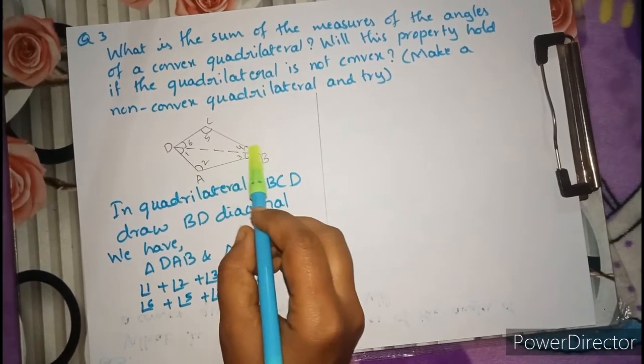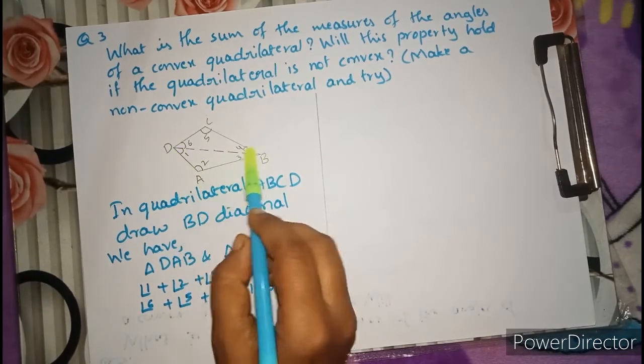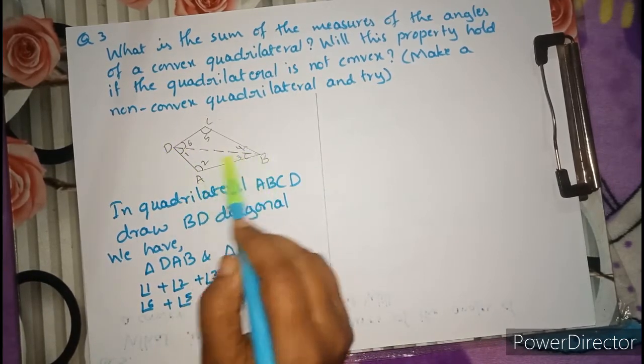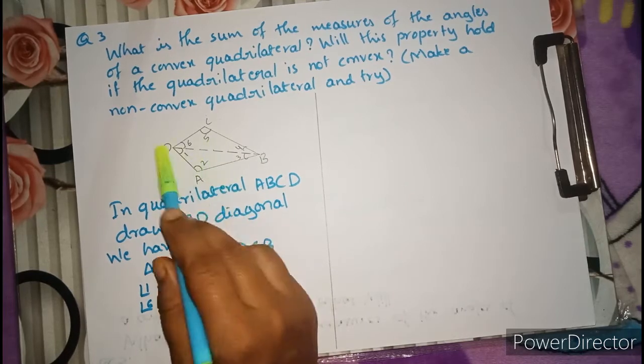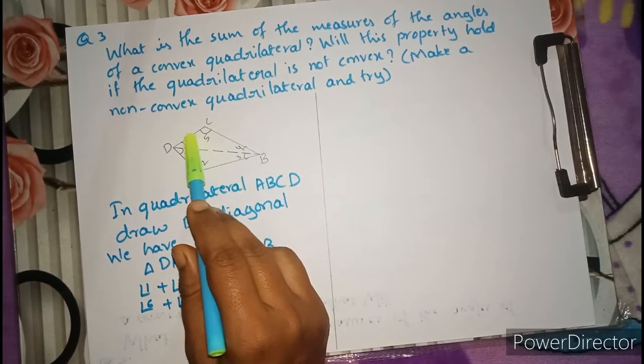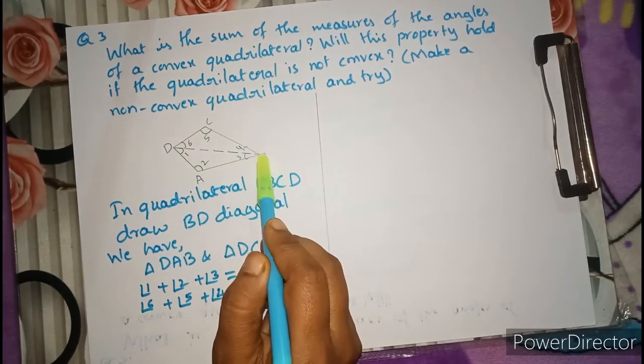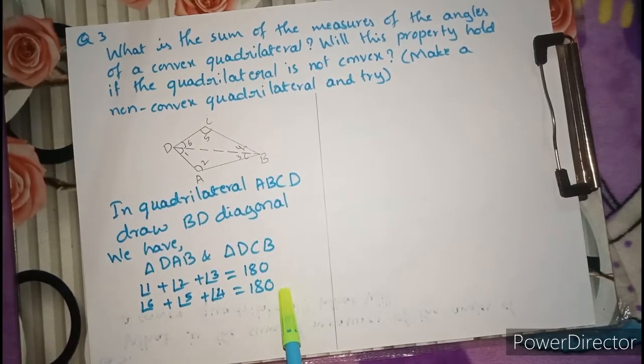The sum of angles of triangle BAD and of triangle DCB are 180 and 180.